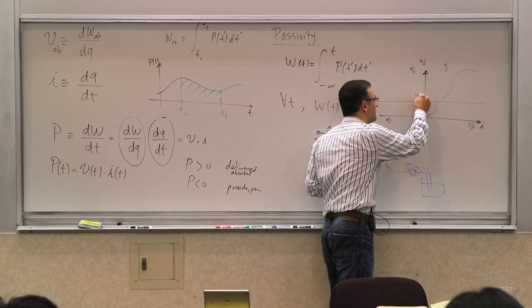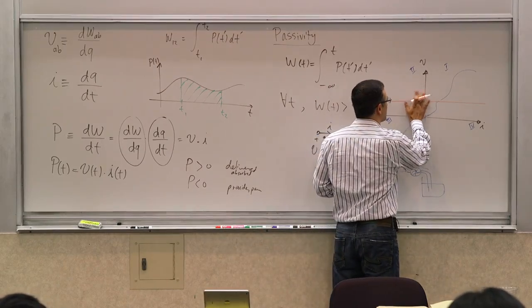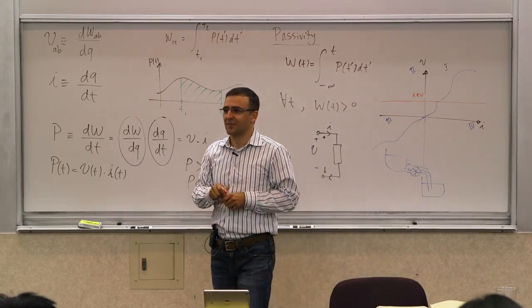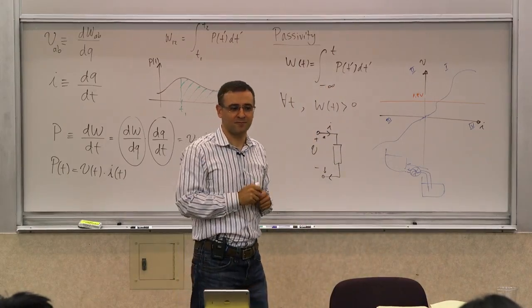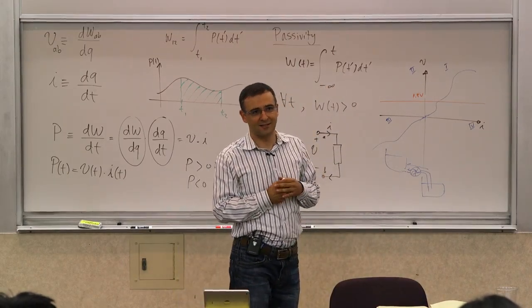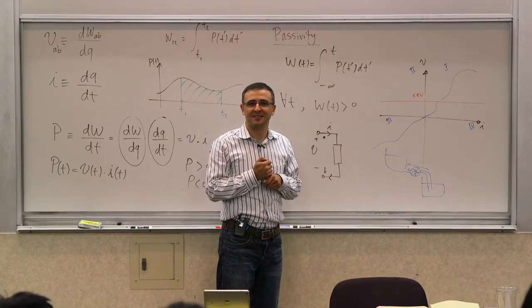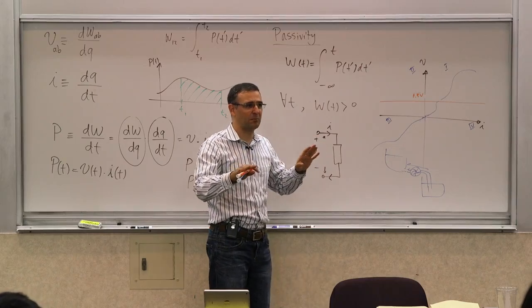Let's say 1 volt. Let's make it more interesting, 1.5 volt, at all times, no matter what the current is. Now, this is a little bit more than a battery, or a little bit less than a battery, depending on how you think about it. It's an ideal battery. It's the perfect battery.